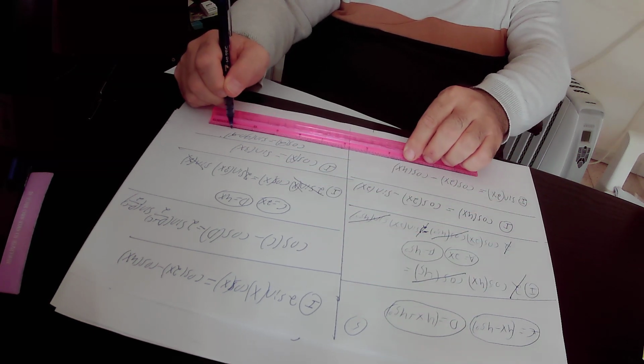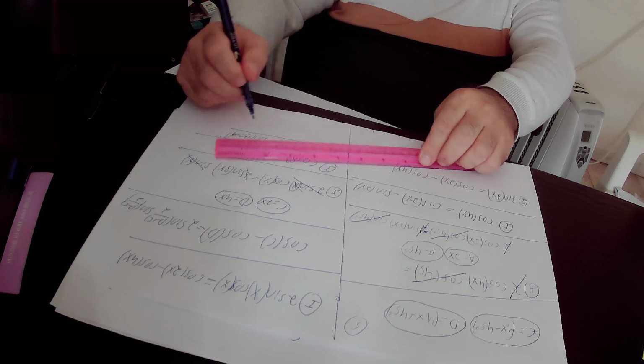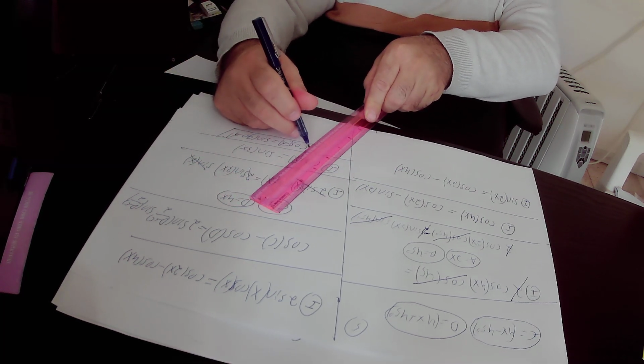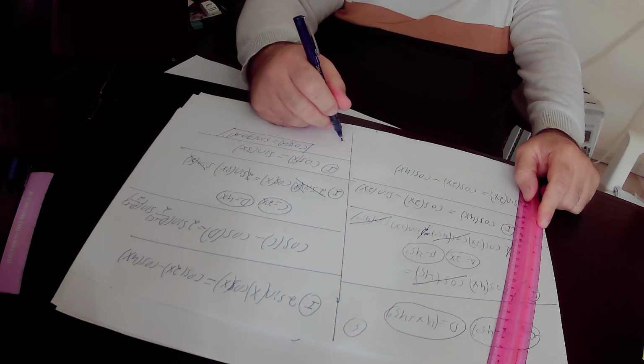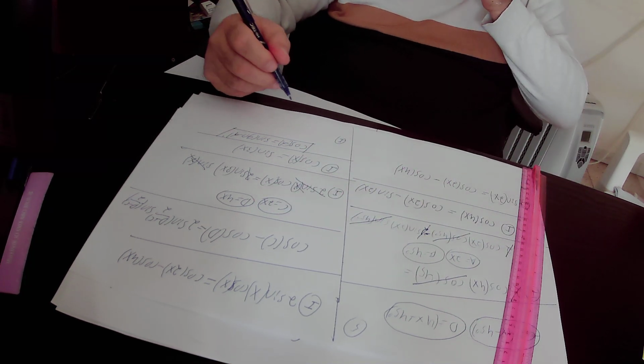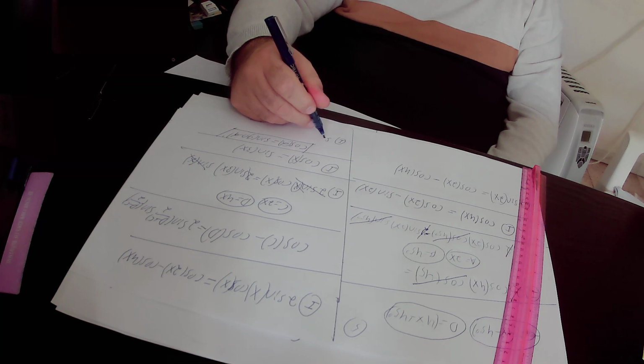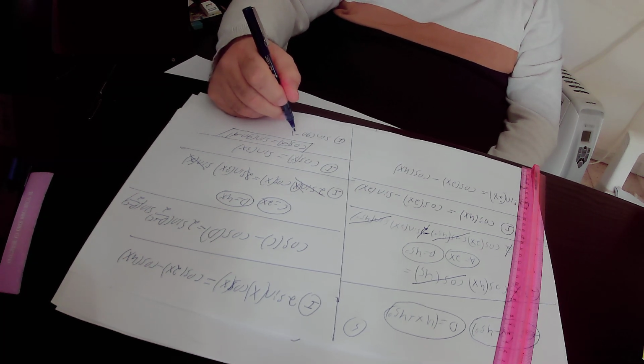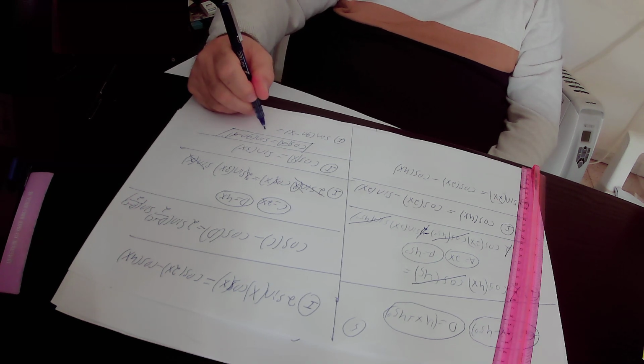So according to this trigonometric identity, we will get that cosine x equals sine (90 degrees minus x), and it equals sine 3x.